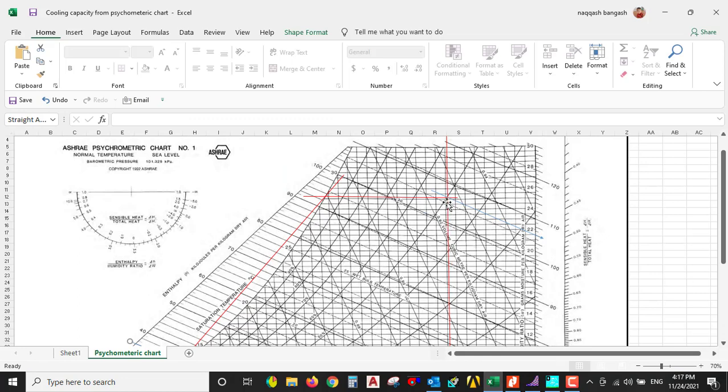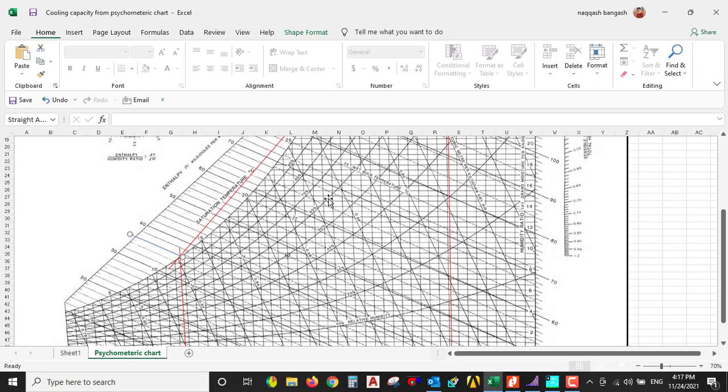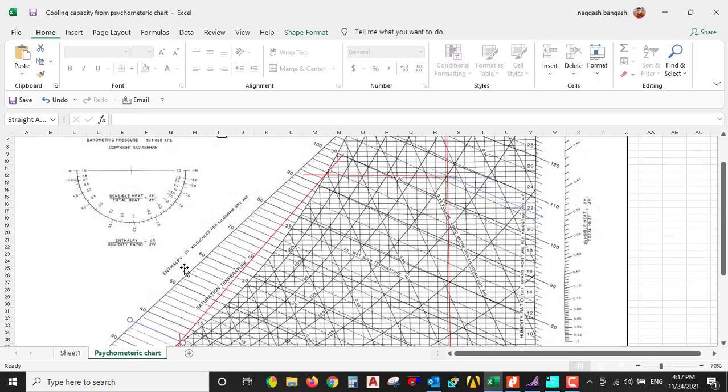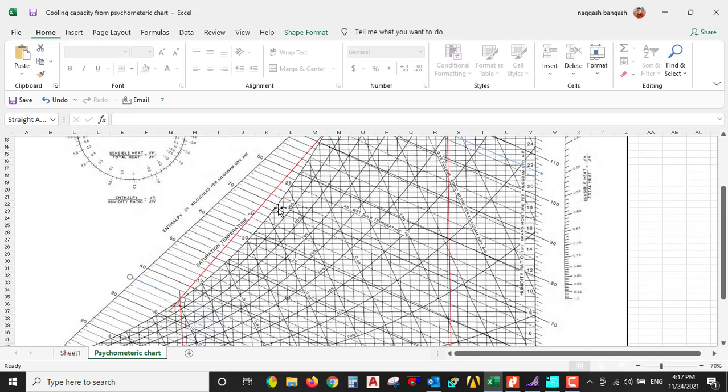We will touch this 50% relative humidity, and we will cool down this temperature toward 12.7 centigrade. So it is 1, 2, 3, 4 up to 12, and this is 12.7 centigrade. So we will touch this curve.